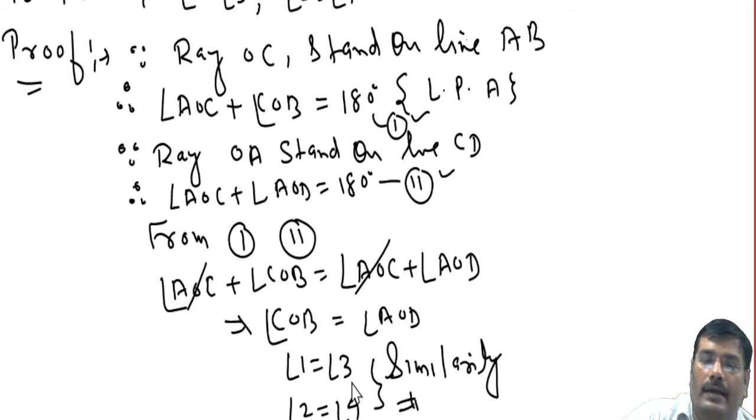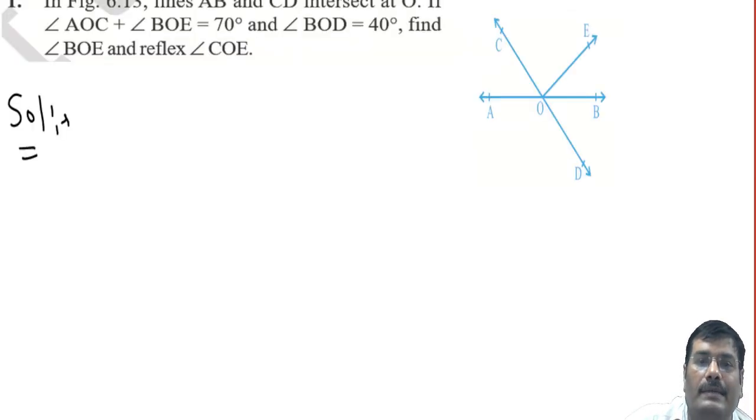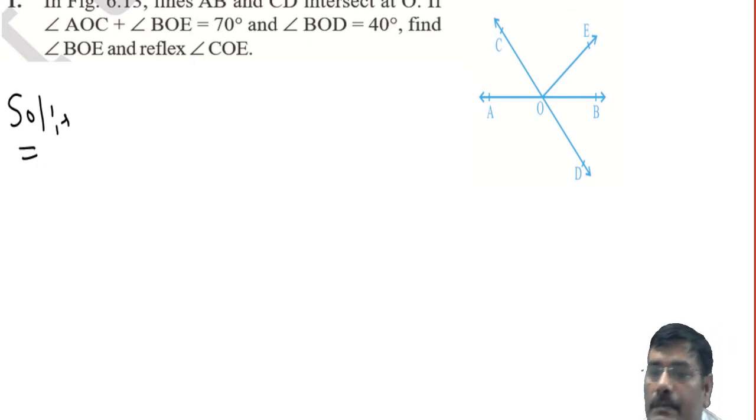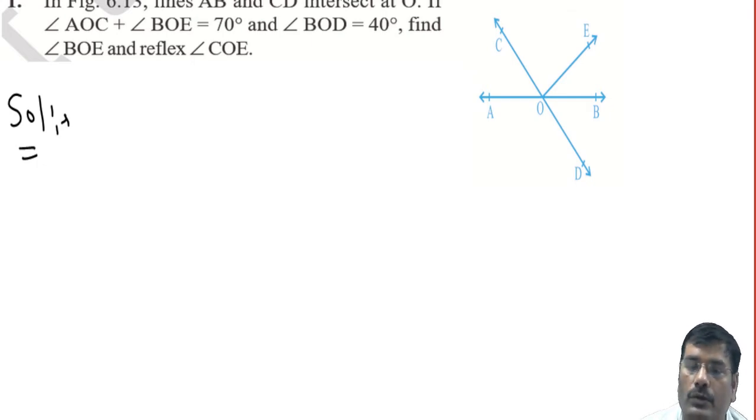Okay, now we have to solve our exercise. In the exercise, see this example, you have to solve it yourself. This is your example number 1. Is it visible to you? The full question is visible there?